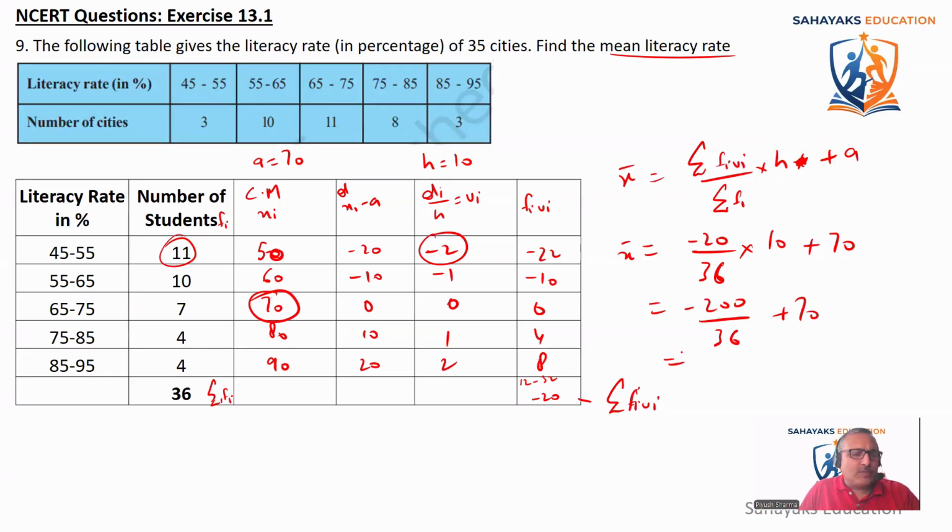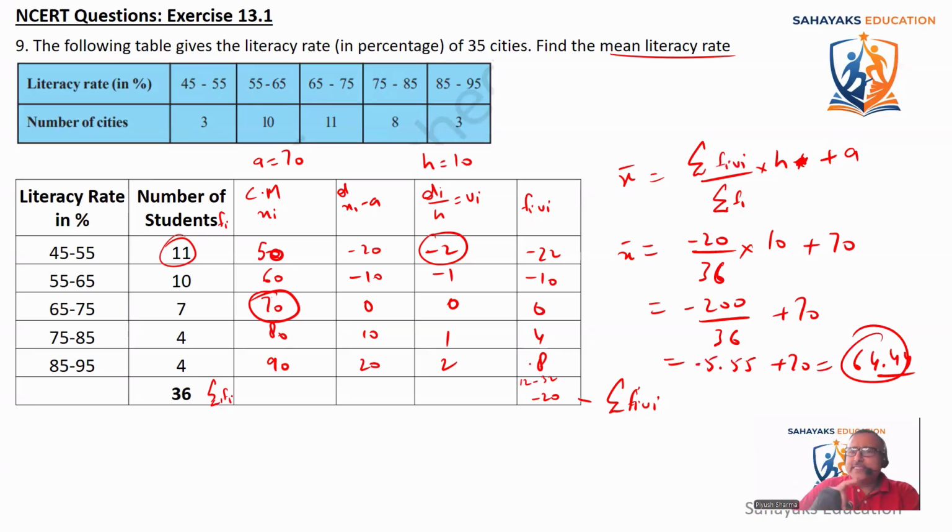And this value comes out to be minus 5.55, plus 70. So it comes out to be 64.44. This is the answer. 64.44 is the average mean literacy rate of the states.